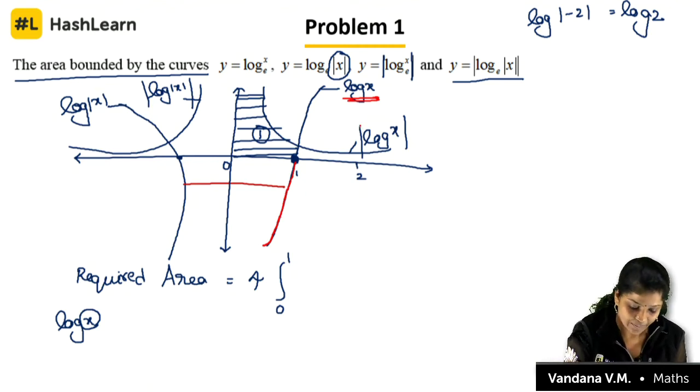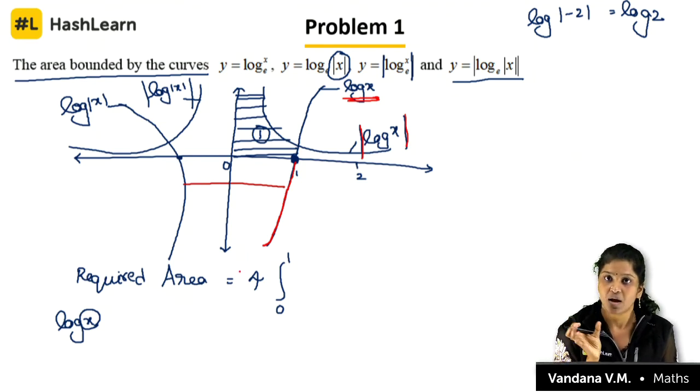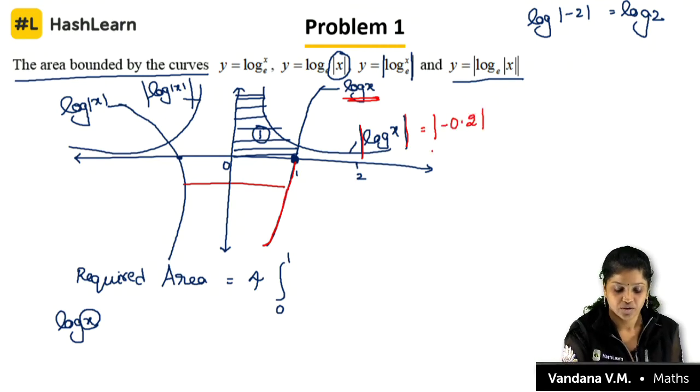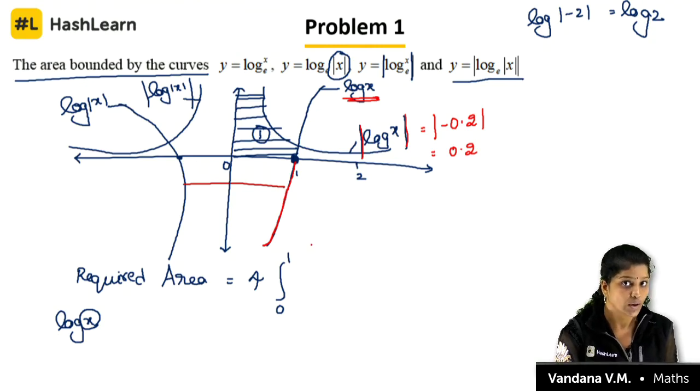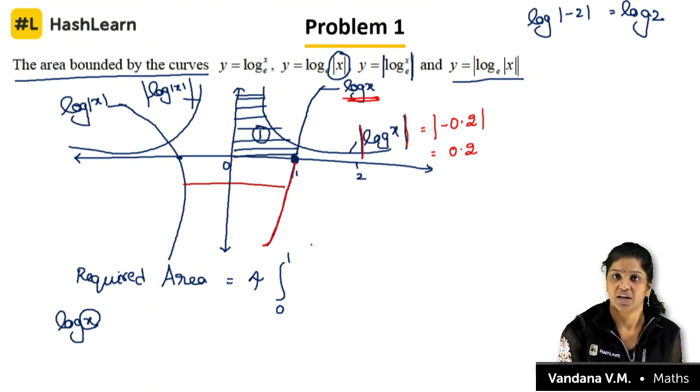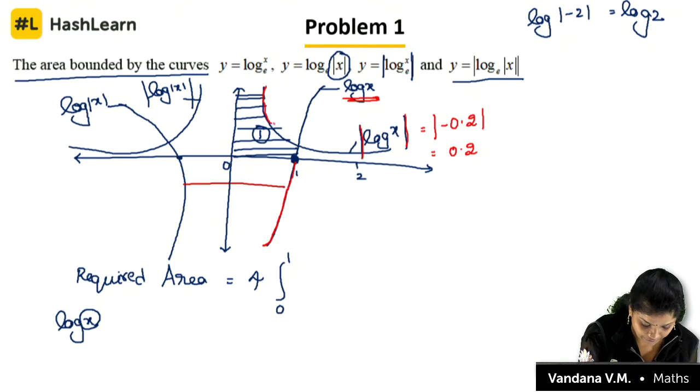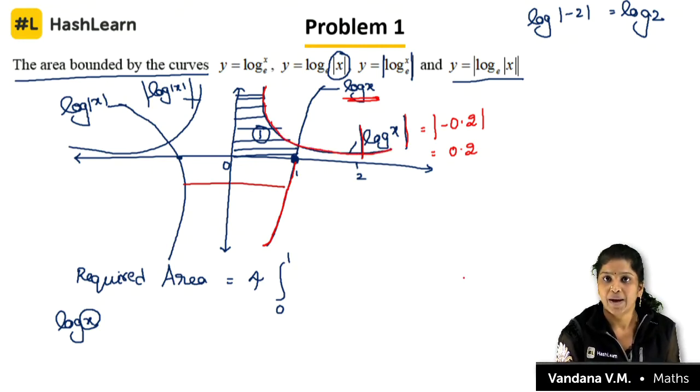But when I'm taking the modulus outside, suppose the value is modulus of minus 0.2, so what is this? 0.2 only, where it falls only in the first quadrant. So my input is positive, my output is also positive. Because of that, my graph is only in the first quadrant. I hope I am clear. If you have any doubts, please let me know.